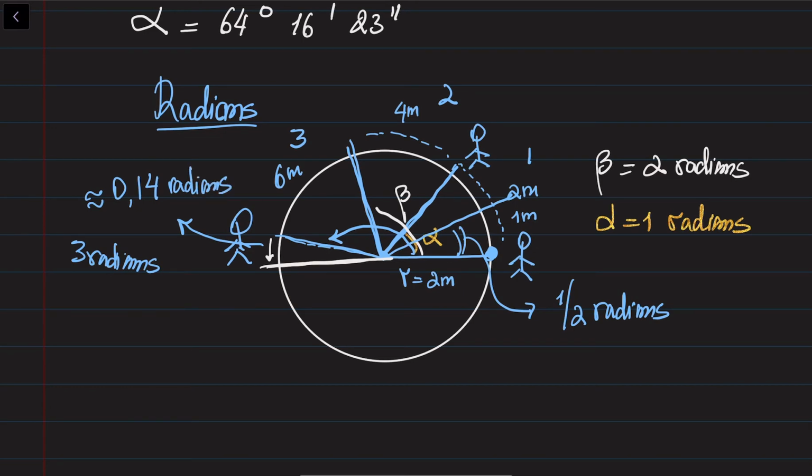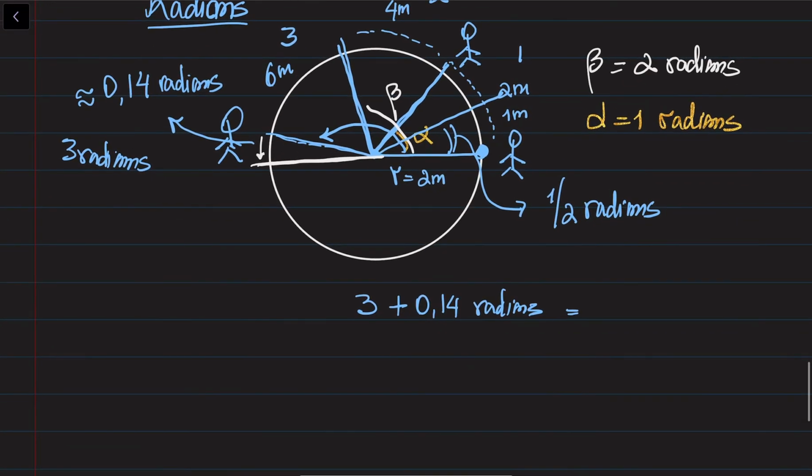So the measurement of half a circle is 3 plus 0.14 radians, which is roughly equal to 3.14 radians.